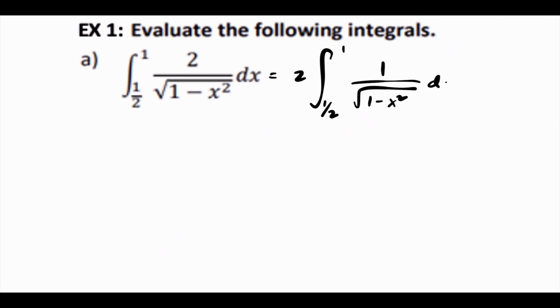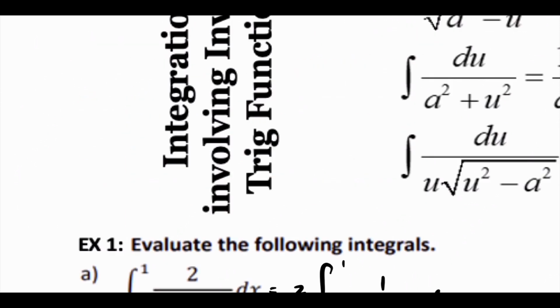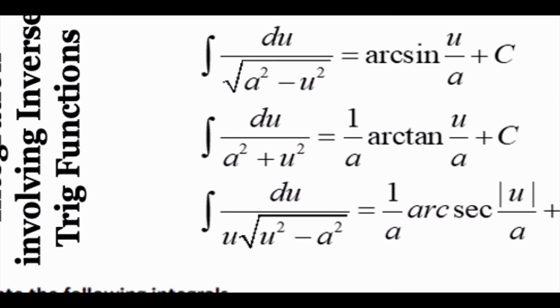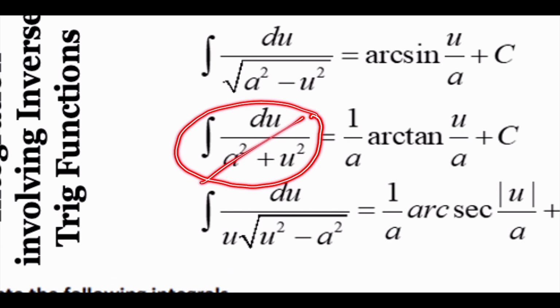Okay. So now which one of those three does it match the best? Well, let's see. It has a square root. So it's not going to match this guy. This guy doesn't have a square root.